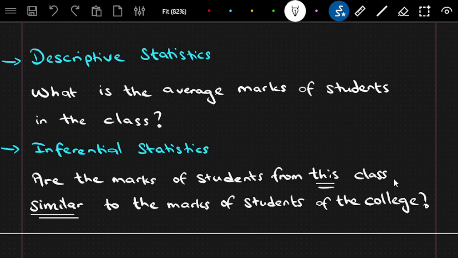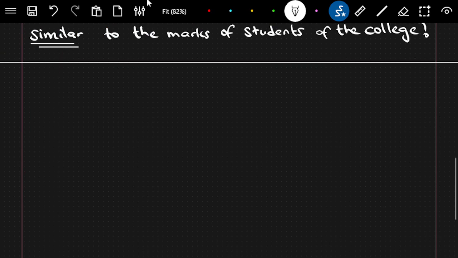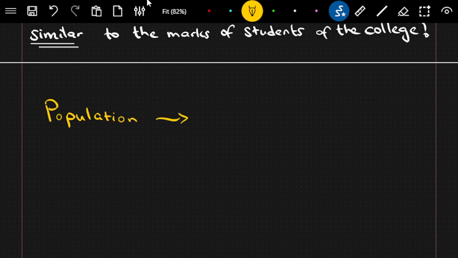Now, one important thing here, when I'm taking class and college into account, in statistics you have two very important things. First is the population, represented by the capital letter N, which represents the college.